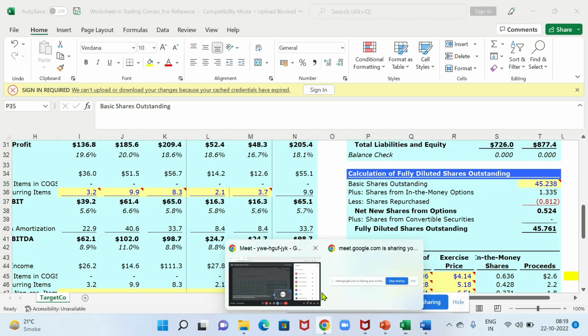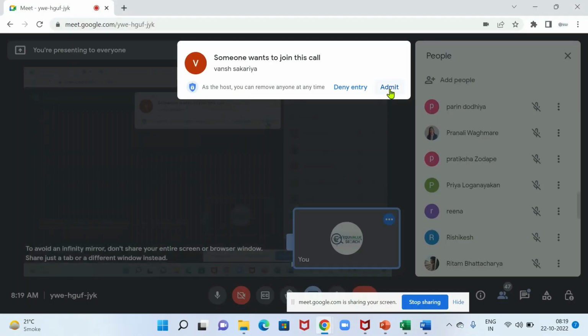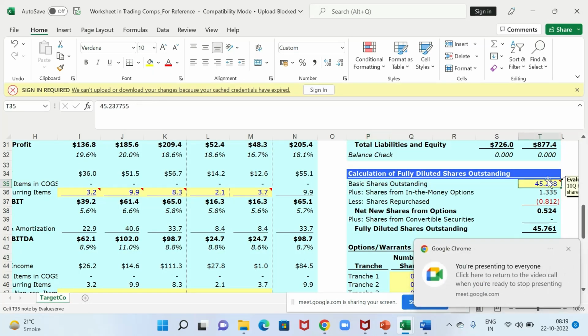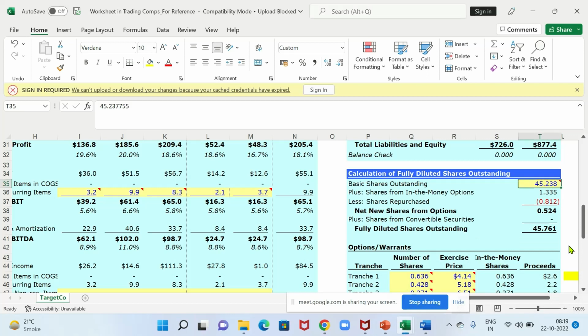This is the basic shares outstanding. Basic shares outstanding is available on the 10-K's front page and the 10-Q's front page. Then we have another cell for in-the-money options. In-the-money options are those options, like convertibles or share options, which have a strike price lower than the current market price.